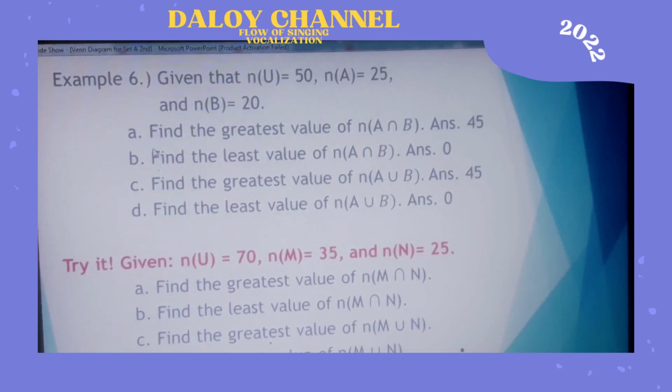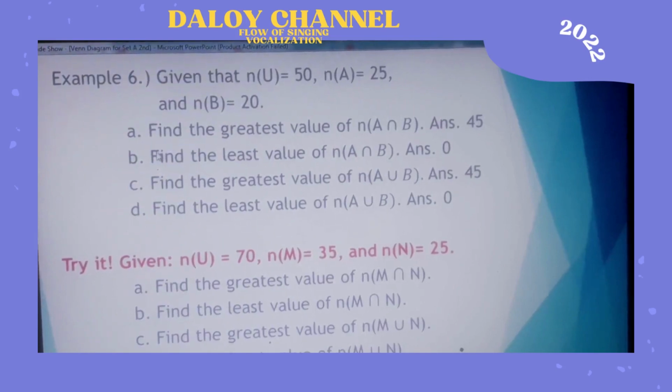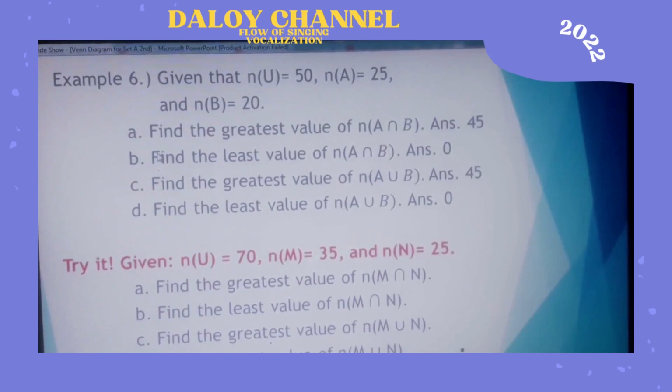So in that case, letter A requires us to find the greatest value of the cardinality of the intersection of A and B. We can interpret this in this manner. The greatest value should be equal to 45.